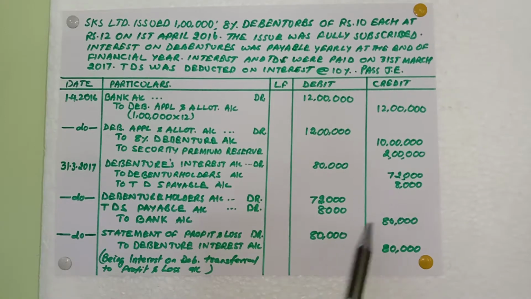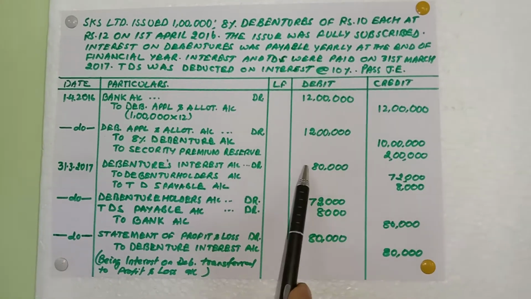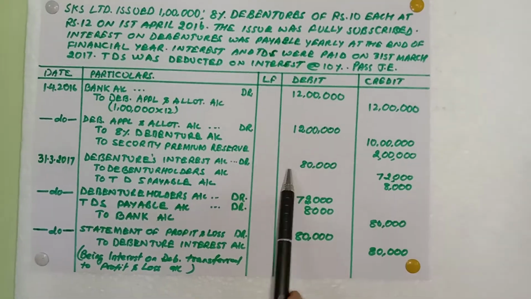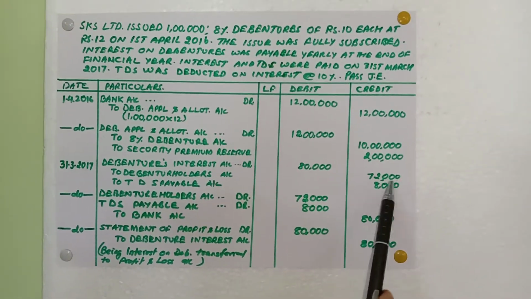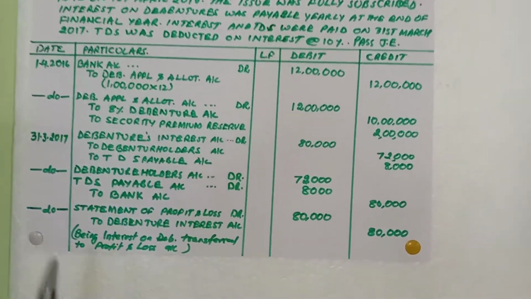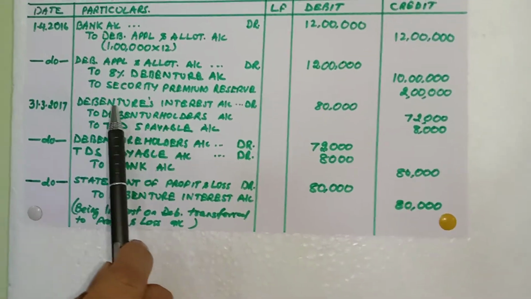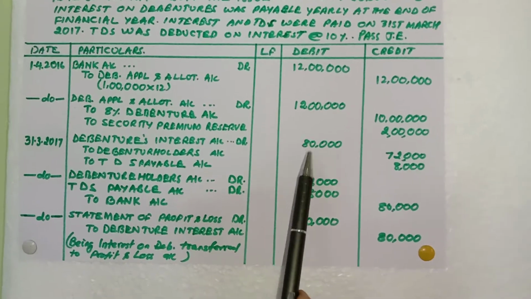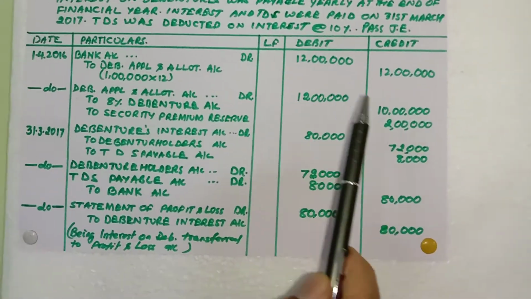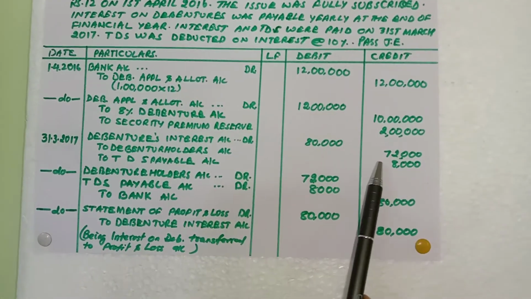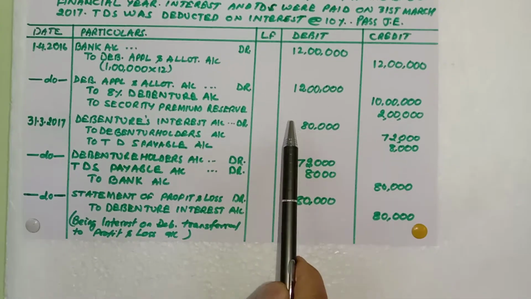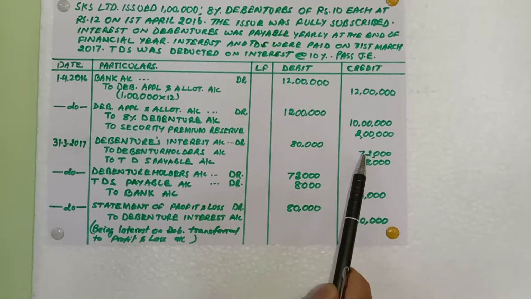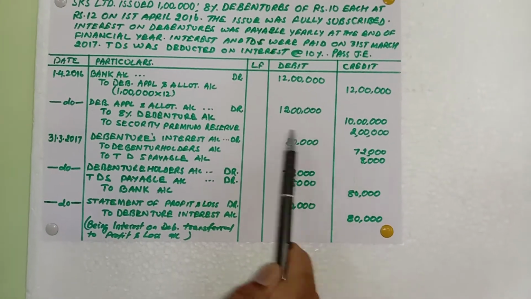This goes to the government. So 10% of 80,000 becomes 8,000. Then 72,000 becomes the balancing figure. So again I repeat, debenture interest, 8% of 10 lakhs, will become 80,000, and 10% of 80,000 becomes 8,000 TDS, and 72,000 will be the balancing figure.